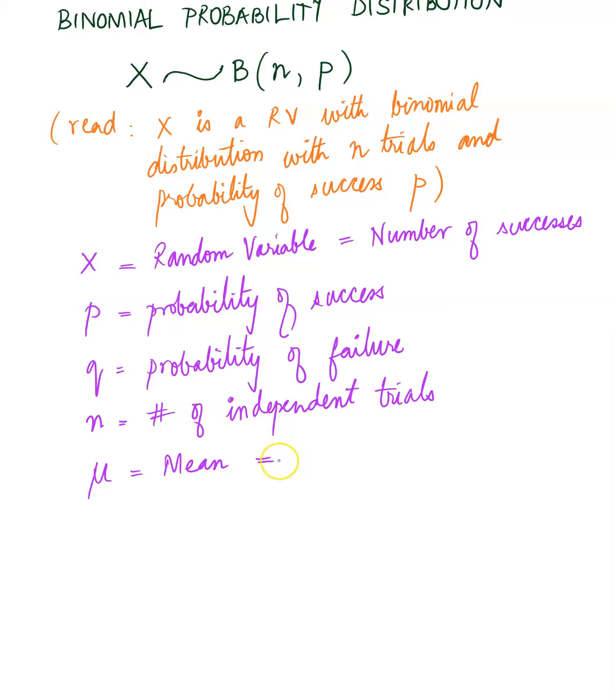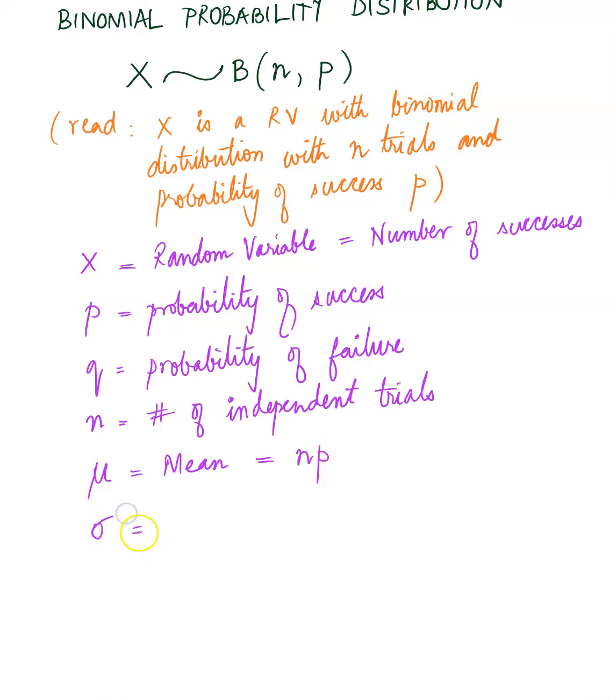And what's really nice is, remember in our discrete probability distribution, we found the mean by multiplying the x column and the p of x column and adding it up. Here, because it's a binomial distribution, the property allows us to use this formula, which is simply n times p. So you're not doing any table as such, right?